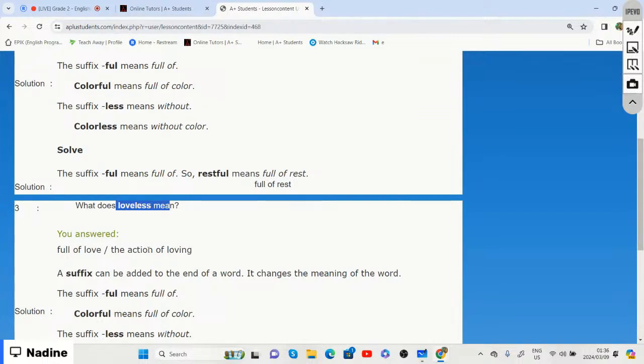Loveless. What does it mean? Get the meanings of the word full and look at the meanings of the word less.